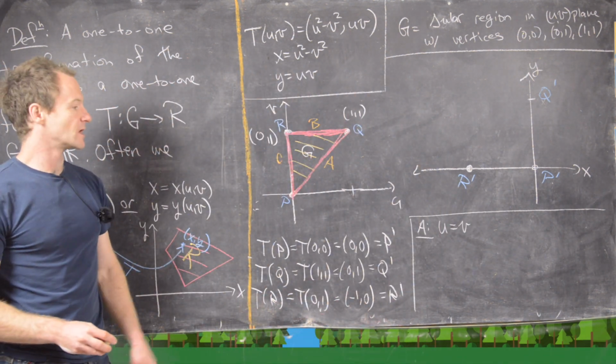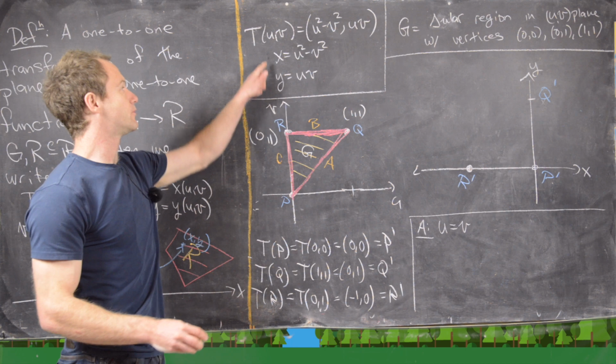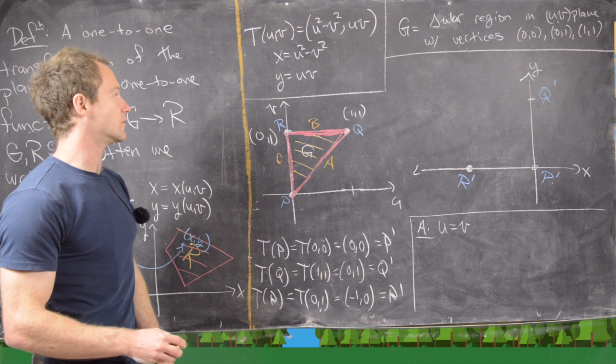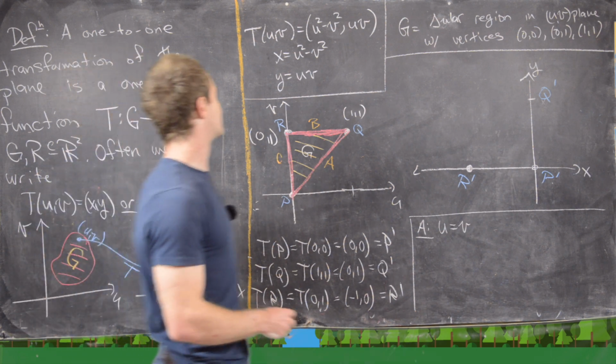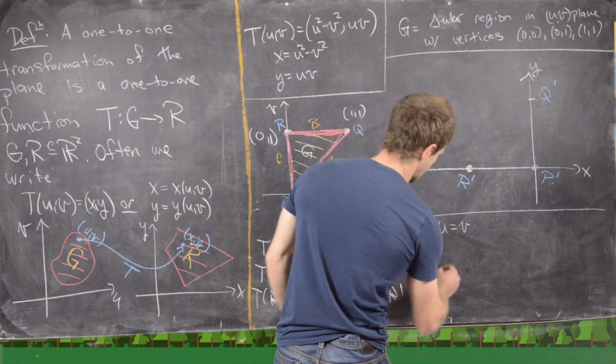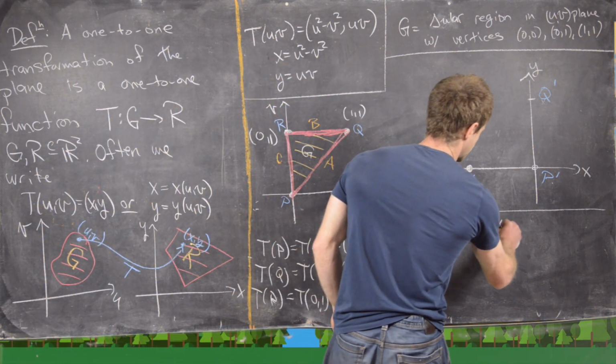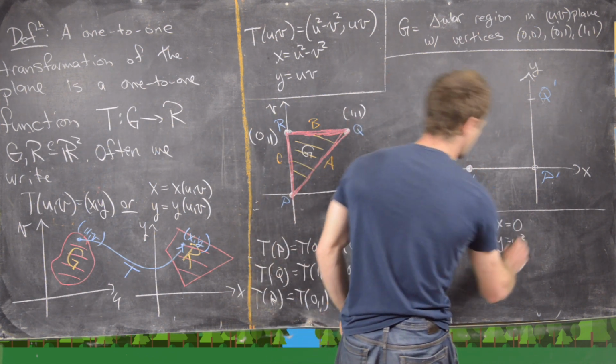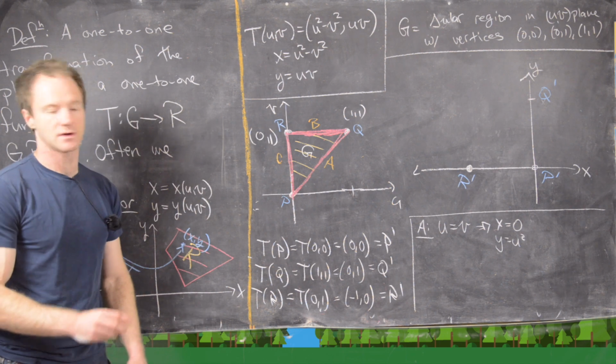Great. But now if we go ahead and plug that into our parametric equations for x and y, notice that's going to give us the following. That's going to give us x equals 0 and y equals u squared. Good.